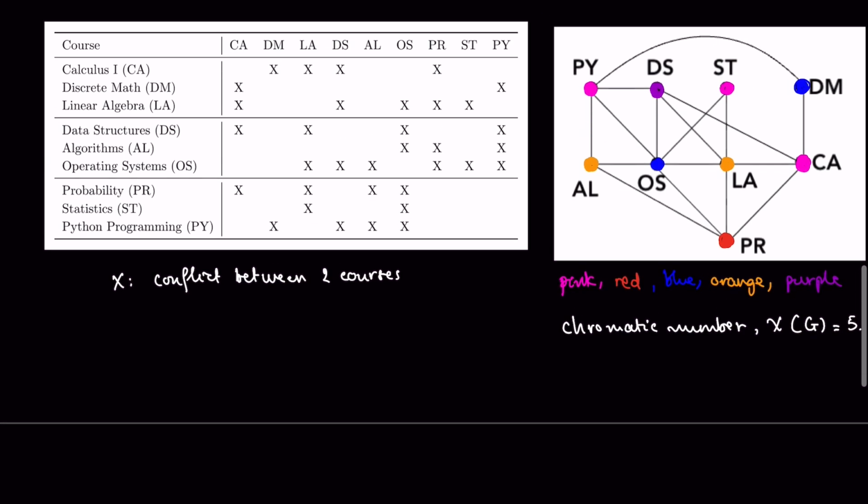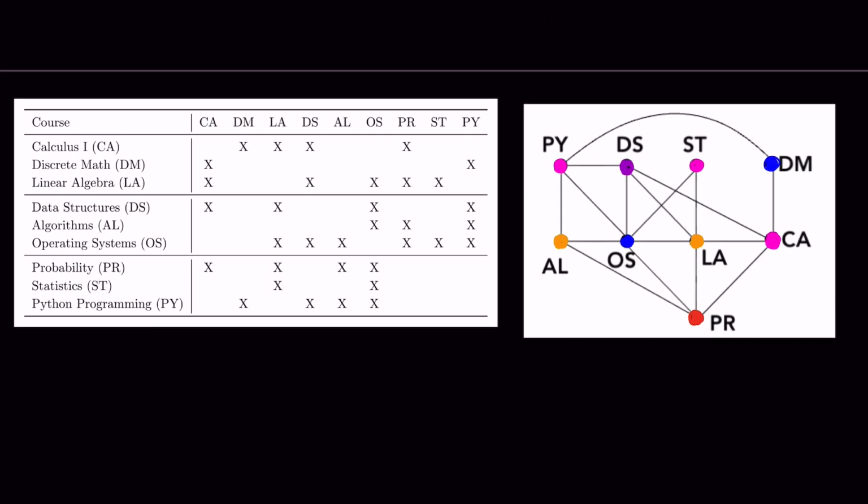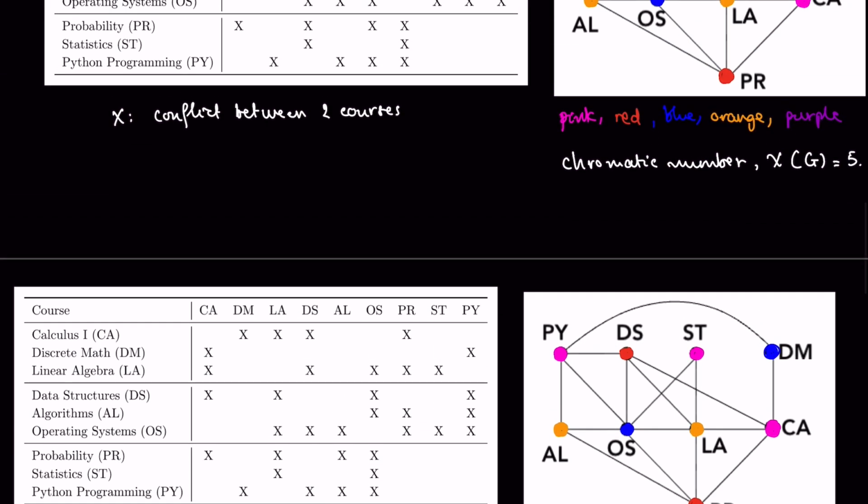A different version of this graph is that I can eliminate purple and use red. And because we only use 4 colors in this case, I can say that the chromatic number is equal to 4, which is a lot better than the first case that we did, where we had a chromatic number of 5.